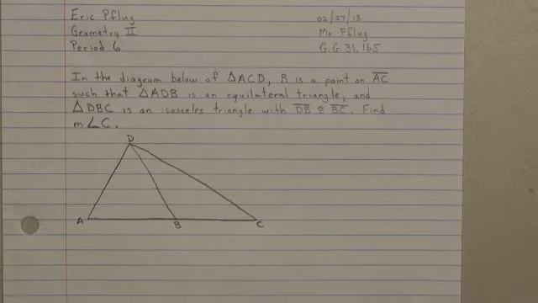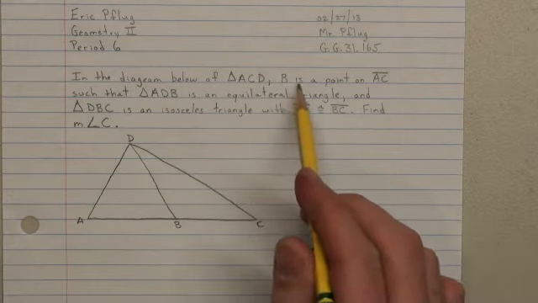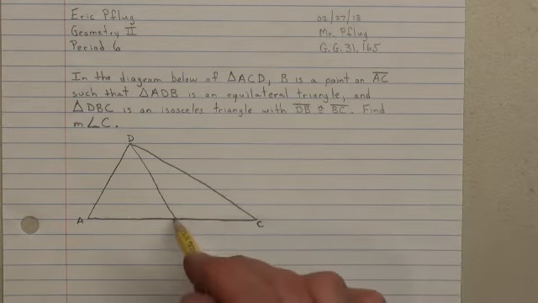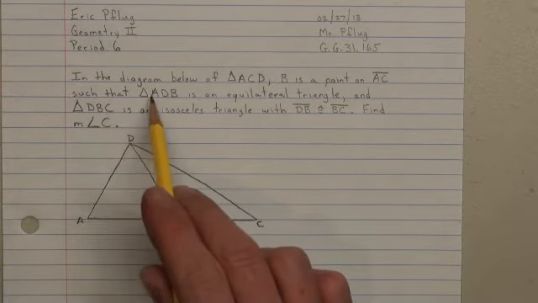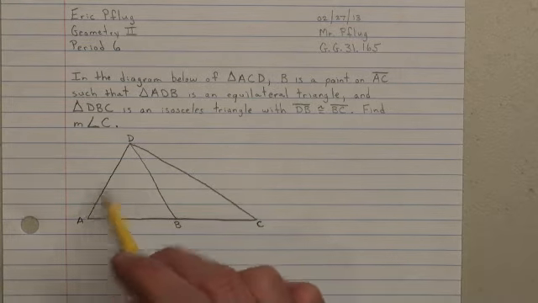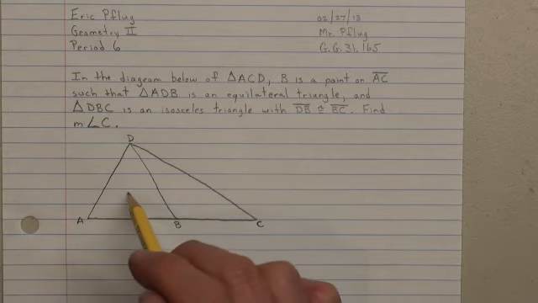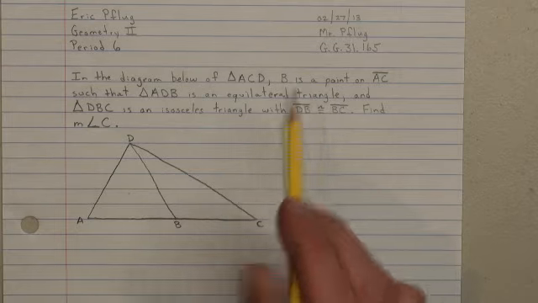Now, let's start labeling what they give us. So, in triangle ACD, that's the big one, B is a point on segment AC, here's B, it's a point on segment AC, such that triangle ADB, that's this one right here, this little one on the left, is an equilateral triangle.